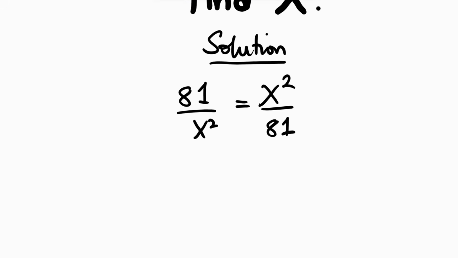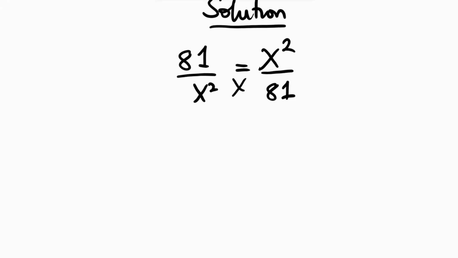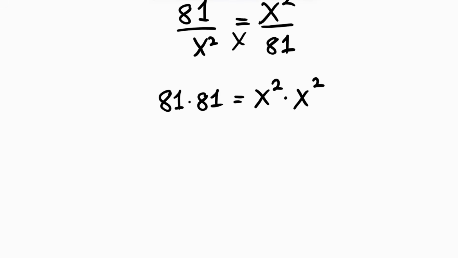Now, first thing we can do is to cross multiply. If we cross multiply, we have 81 times 81 equals x squared times x squared. 81 times 81 will give us 81 squared. X squared times x squared will give us x squared squared.